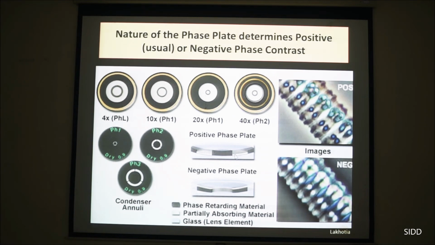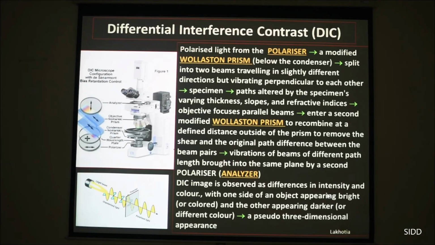In negative phase contrast microscopy, the phase plate will enhance the unrefracted light by λ/4. It will move faster, because the other light, which is refracted and therefore deviated, will move slower because of the additional refractive index provided in the phase plate, and therefore the image becomes, like you see, the positive versus negative image completely reversed. But most common is the positive phase contrast, which is utilized almost everywhere.